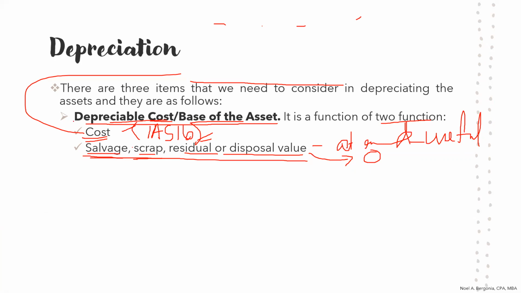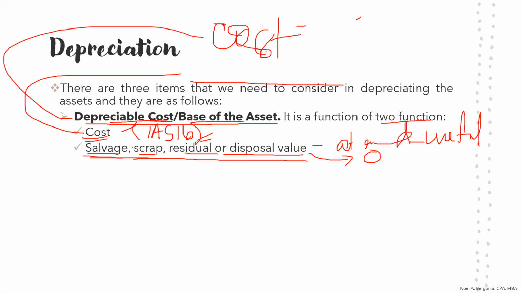Actually, class, yung depreciable cost, ang formula niyan ay ito. Your asset cost, so yung cost ng asset natin minus your salvage value. Okay, so just in case baka matanong na agad sa inyo, how much is the depreciable cost or the depreciable base?